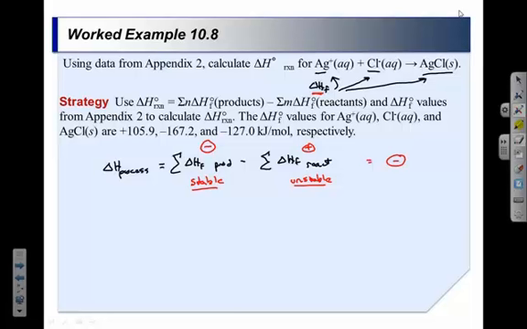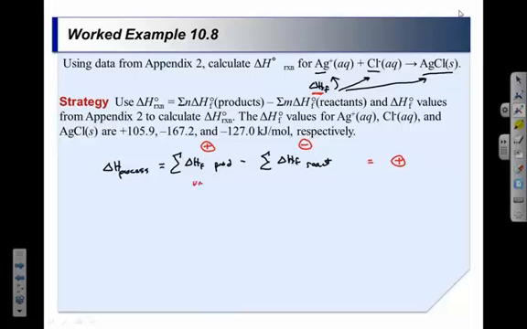If I just look at the opposite situation to see what the signs would be, if I had some unstable products and stable reactants, now if I subtract and get a positive minus a negative, that gives me a positive value.